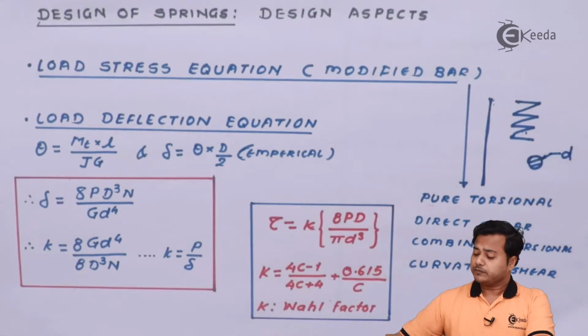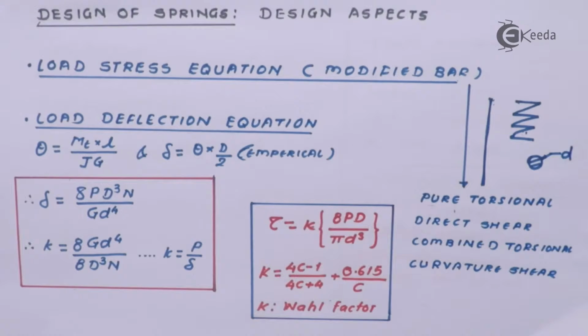The possible stresses that may cause failure in a spring are pure torsional stresses, then direct shear stresses, then the combined torsional stresses where torsion and other direct stresses are combined, and the last one is the curvature shear stress. Curvature is nothing but the curved portion which may experience the shear.